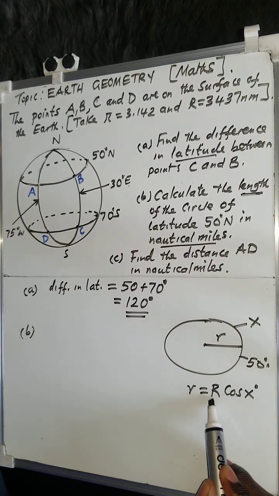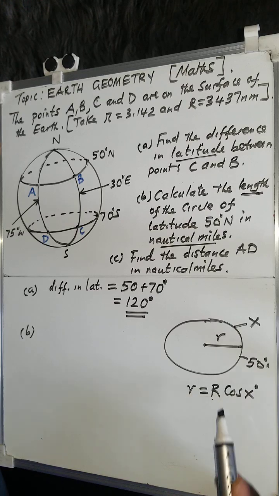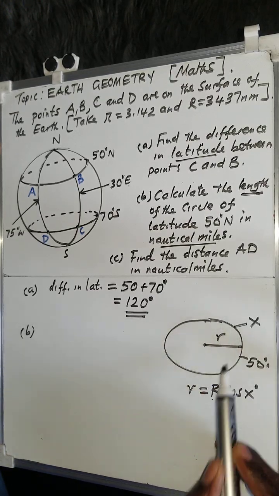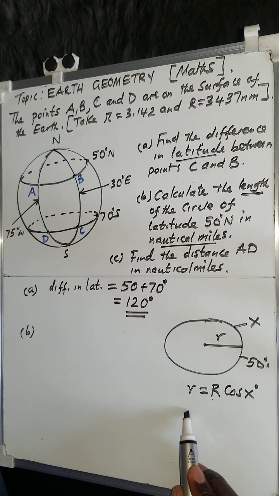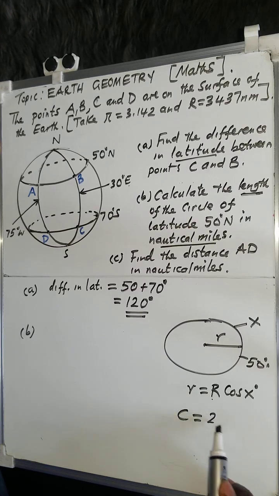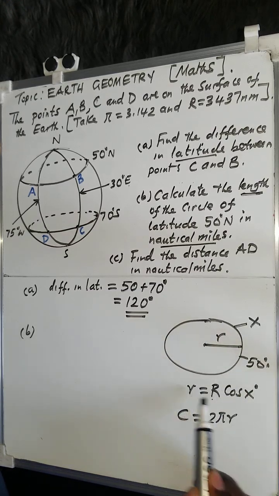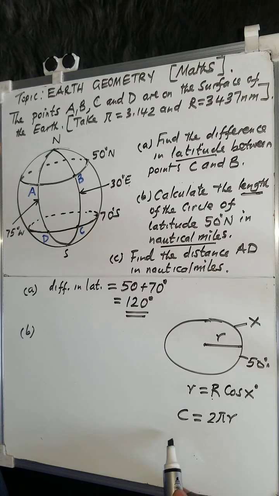But since I want to know the total length of this line, which is the circumference, the circumference is equal to 2 pi times the radius of this circle, the small r, and that small r is given by r cos x. So I want to combine this so that you can see the formula.